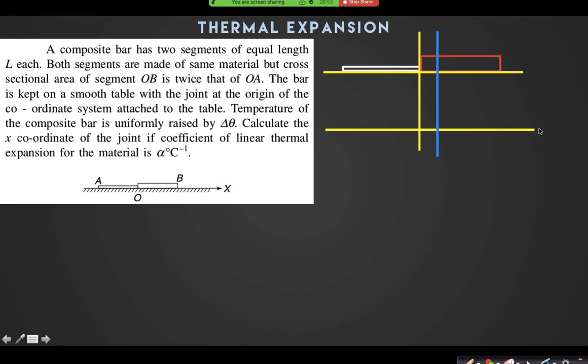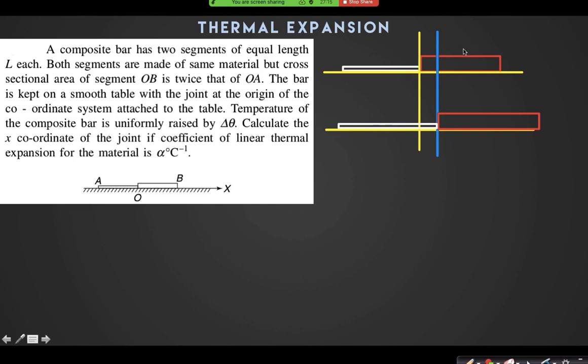So the red color rod I can start drawing from here, and it has been elongated by some amount due to the temperature rise. And the white color rod is also there, and it has been elongated by some amount due to the temperature rise. I have to find this shift.